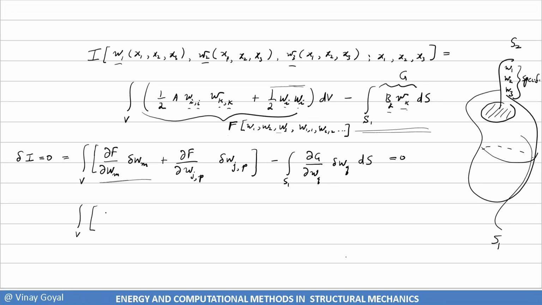So that's going to be 1/2 the derivative of Wi with respect to Wm times Wm, plus Wm times the derivative of Wi with respect to Wm, del Wm. So that's what I get. And then I'll do this term right there.